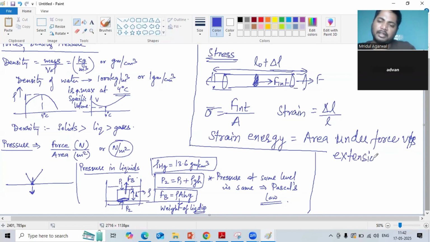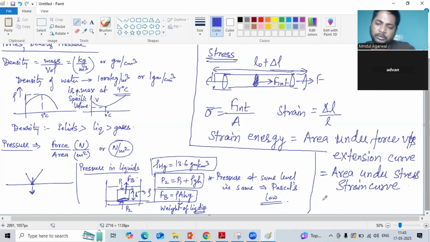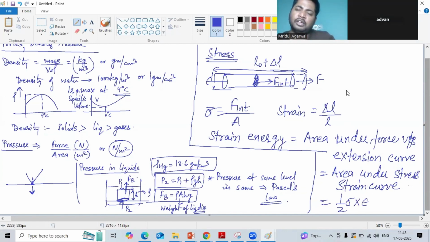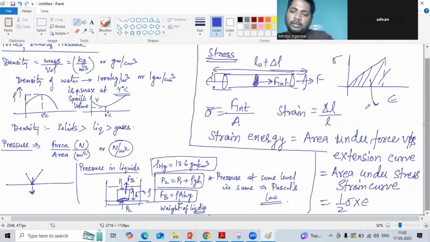If you also want to take the area under the stress strain curve, this area is given as 1 by 2 stress into strain, because it follows Hooke's law, which gives a linear relationship between stress and strain, and only up to a certain limit this is followed. So the area is 1 over 2 stress into strain, and you also have to multiply by the volume of the body.